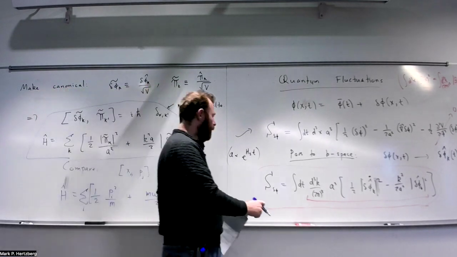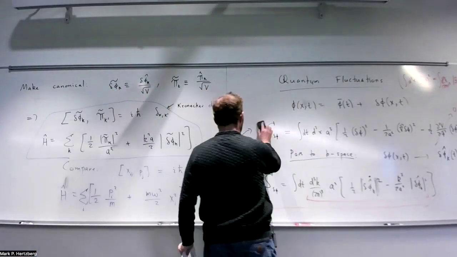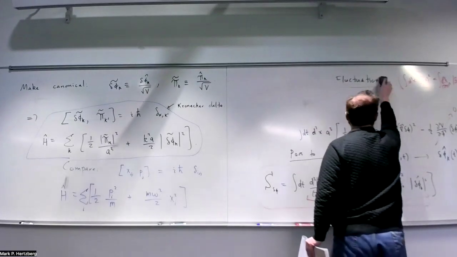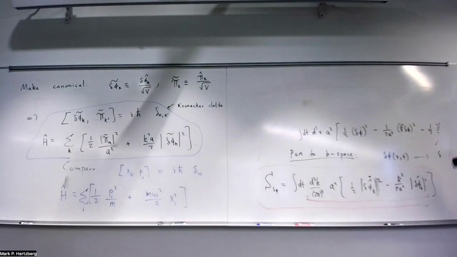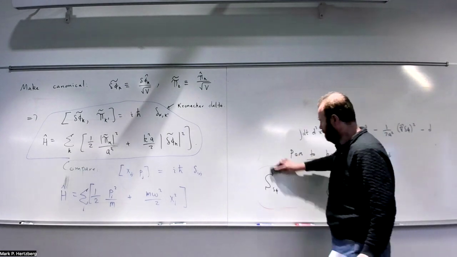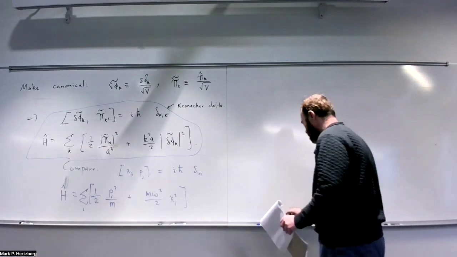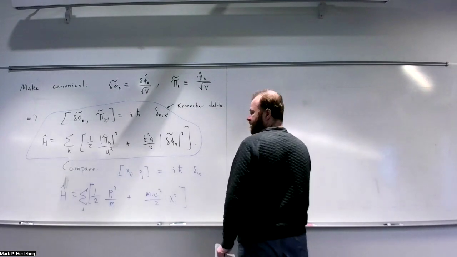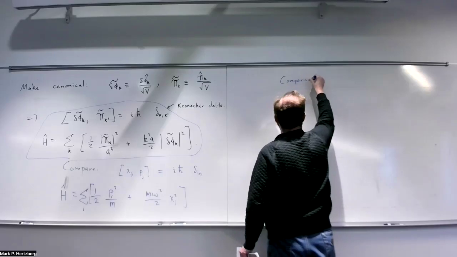Okay, so we can just read off some of the facts that we need about the states of this theory by borrowing our knowledge of the harmonic oscillator. To continue the comparison, let's be 100% explicit.